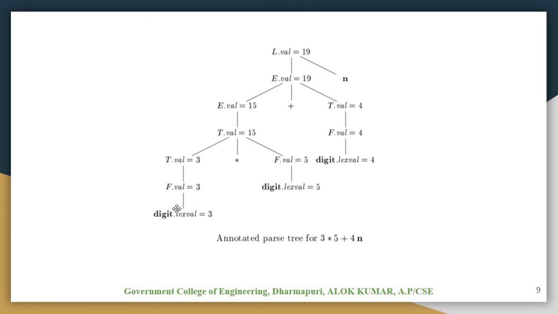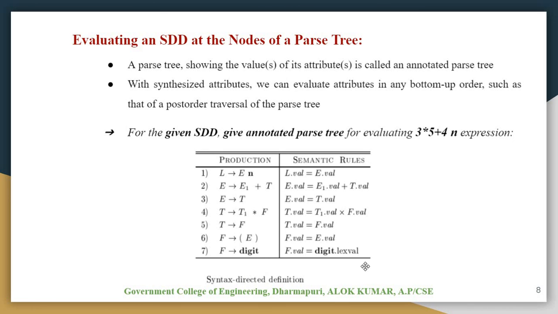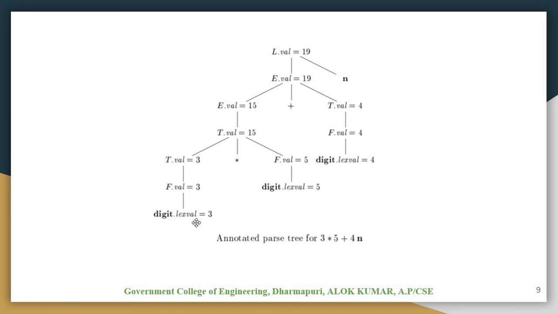In this manner we have to find the value at each node. For this digit, digit.lexval, we can find the value 3, because the input is 3 * 5 + 4. This value becomes 3 because we are finding it from its children.